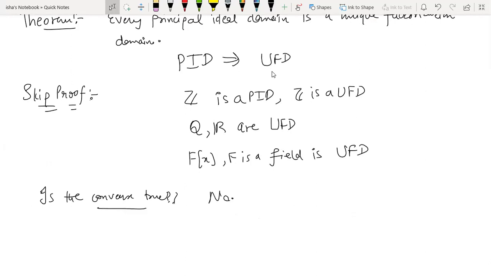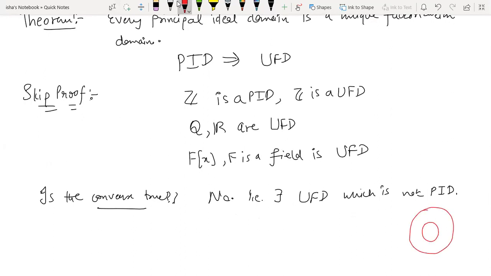No. That means there exists a unique factorization domain which is not a principal ideal domain. So if you want to draw the inclusion diagram, this PID is actually contained in UFD. So every PID is a UFD, but there are elements lying here, unique factorization domains, which are not PID.